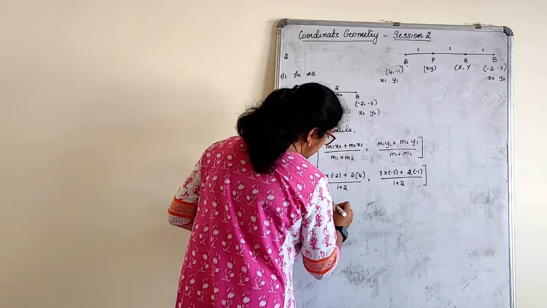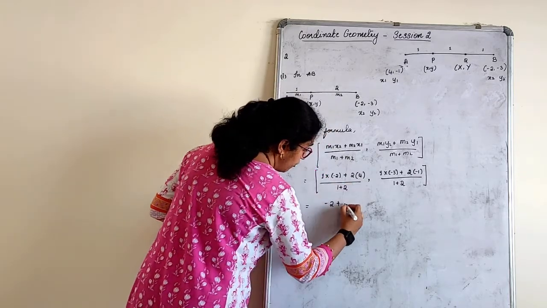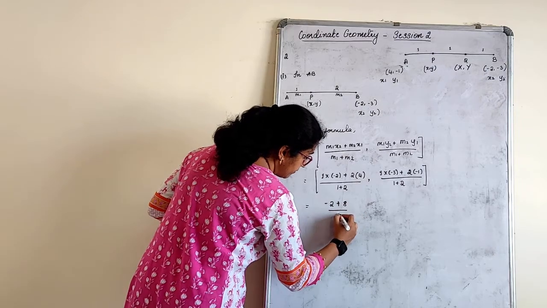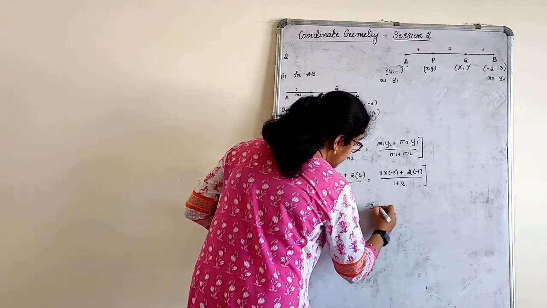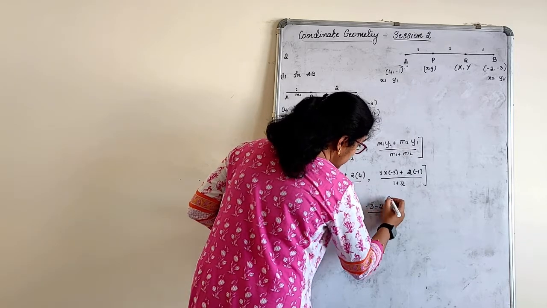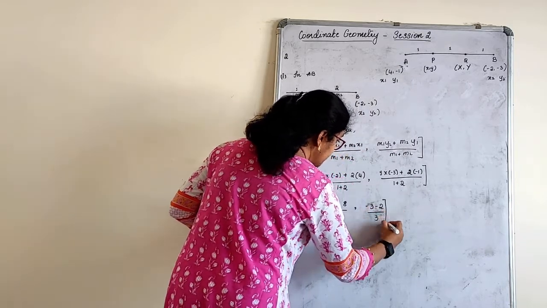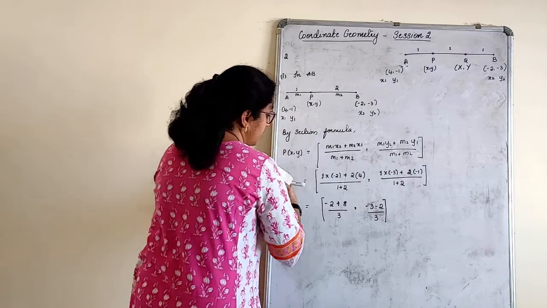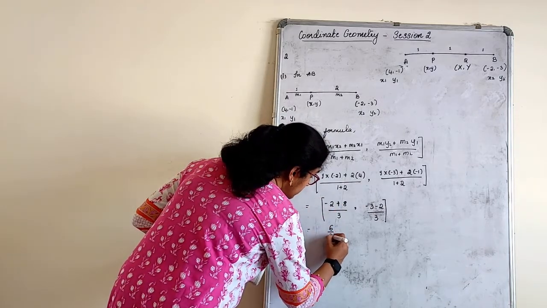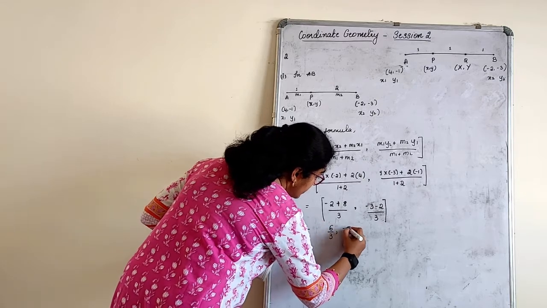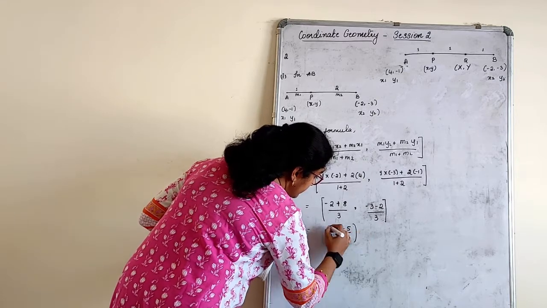So -2 plus 4 twos are 8, divided by 3, comma, 3 minus 2 divided by 3. So 8 minus 2 is 6 by 3, comma, 1 by 3.